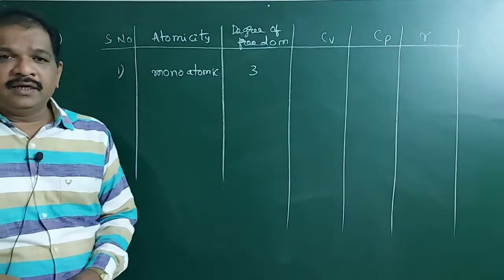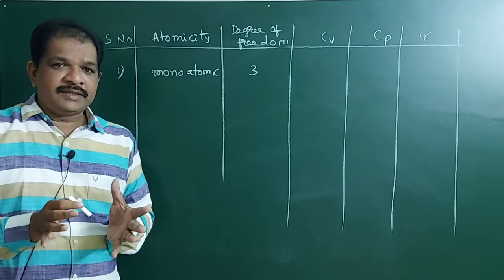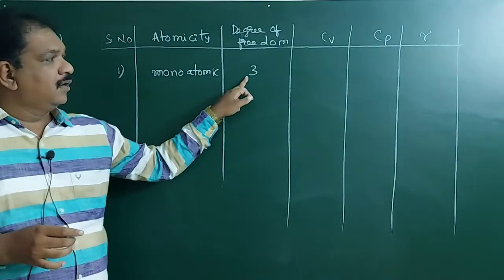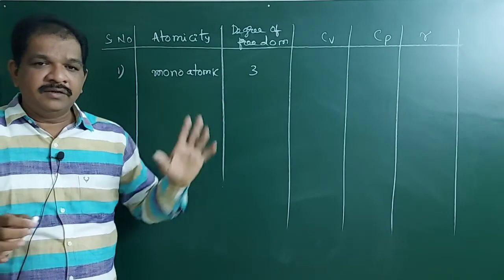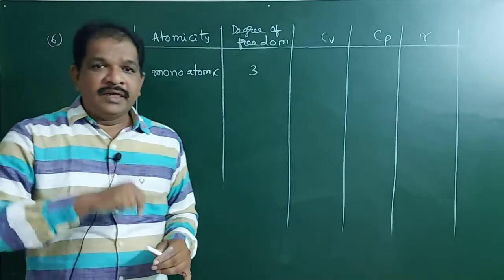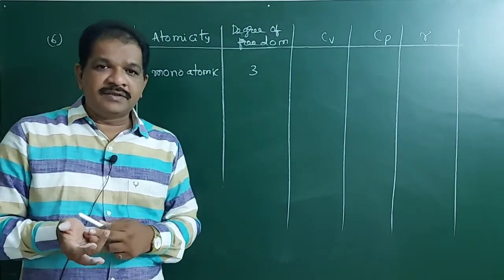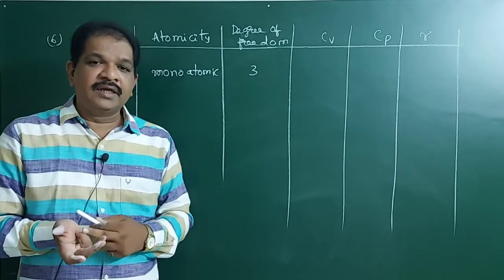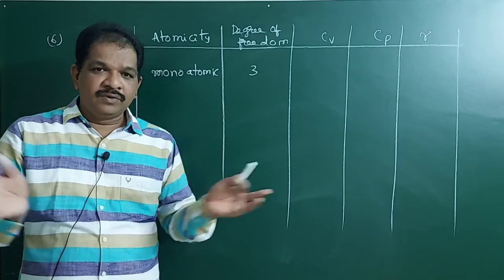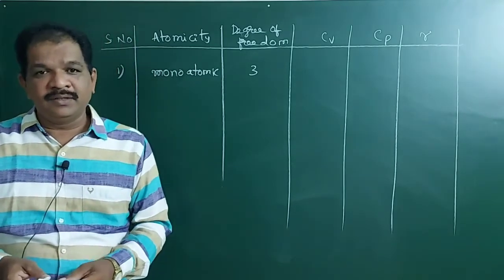Monoatomic degree of freedom will be 3. It means in 3 ways that gas will acquire energy. What is the meaning? For example, you are getting money from 3 sources: your father is giving money, your mother is giving money, your brother is giving money. So in 3 ways you are getting the money, then your degree of freedom will be 3.